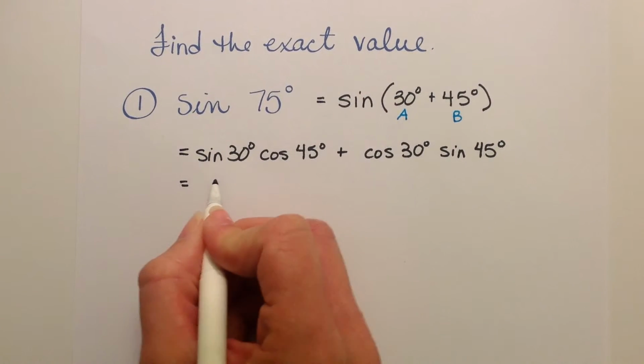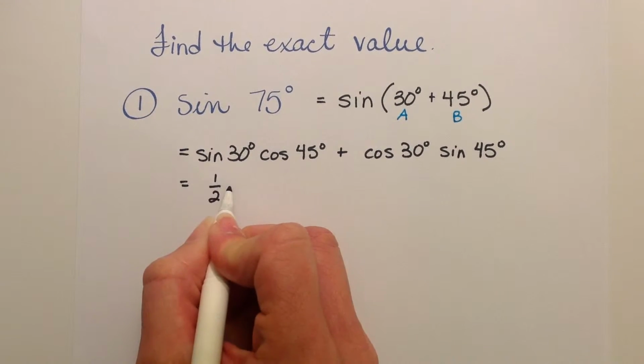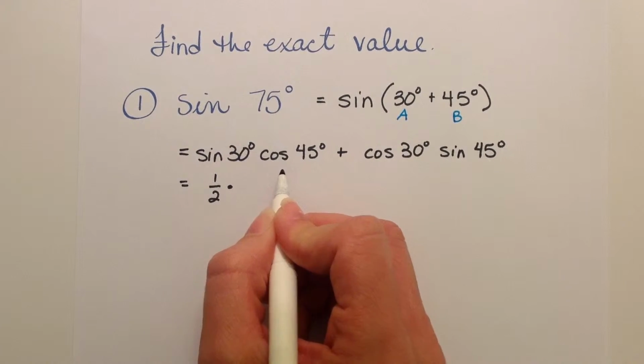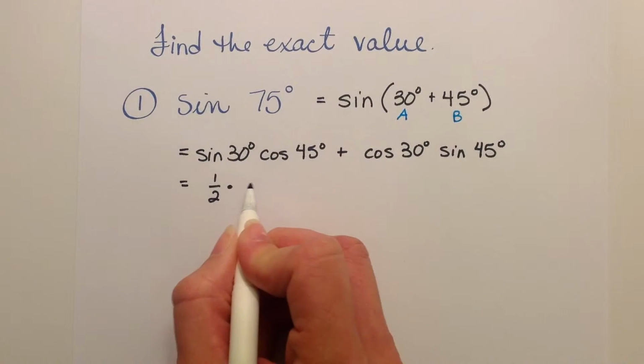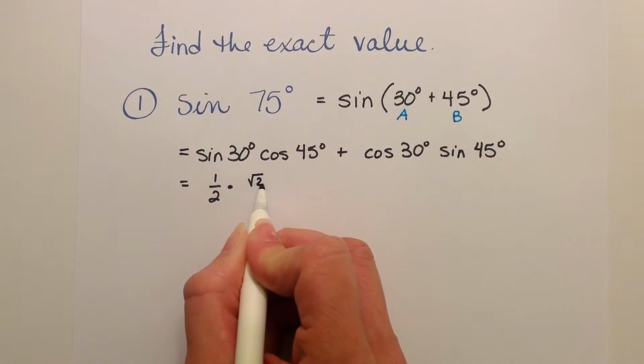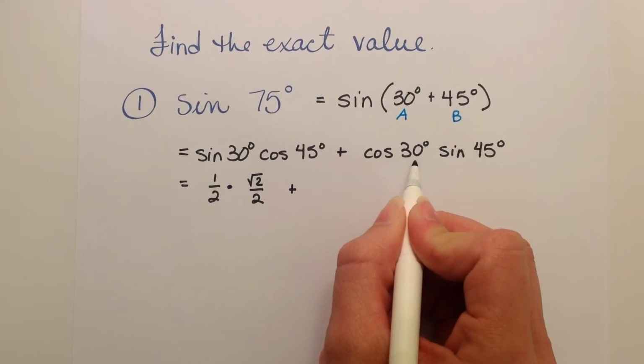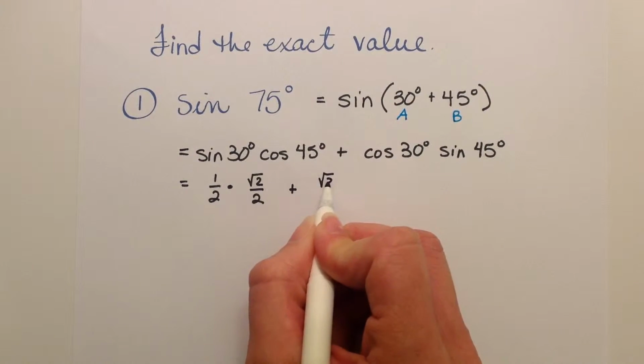So sine 30 degrees we know is 1/2. Cosine 45 degrees, again, you've got two different values there, the one that's rationalized and one that's not, so that's your choice. I'm going to use square root 2 over 2. Plus, cosine 30 degrees is going to be square root 3 over 2.